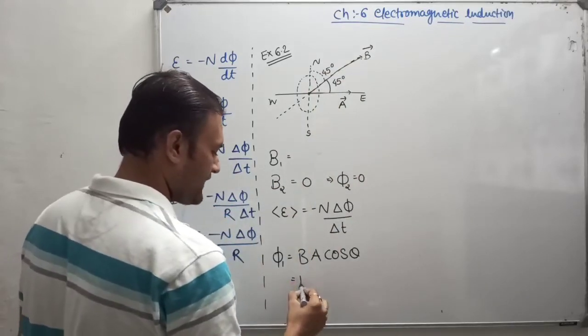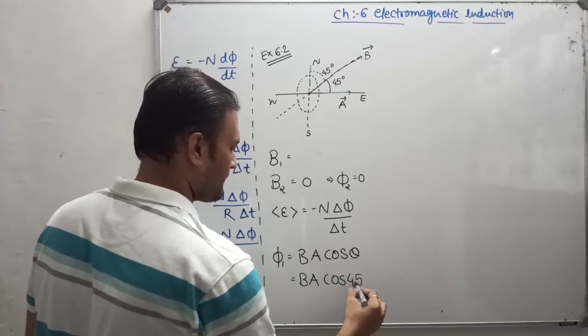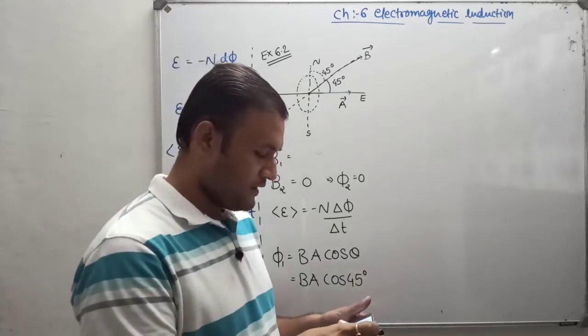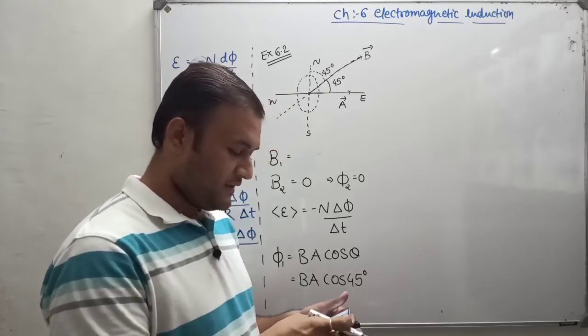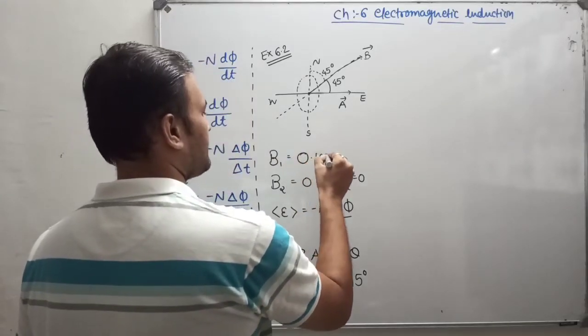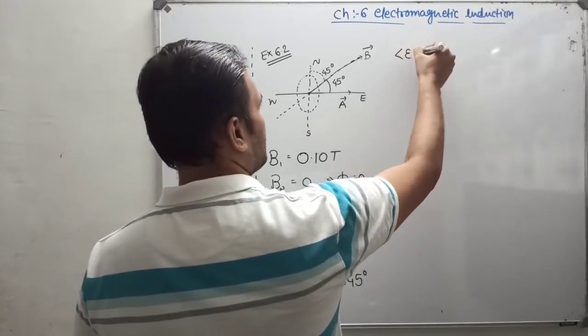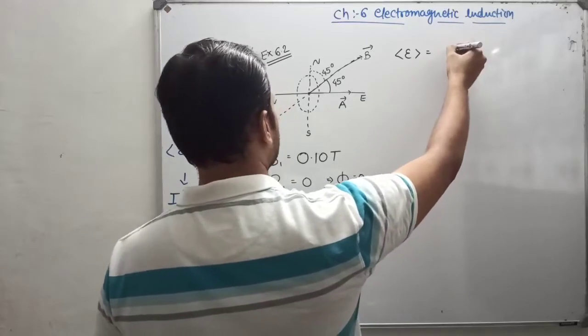So BA cos 45. Here the magnetic field is given, yes, 0.10 Tesla.